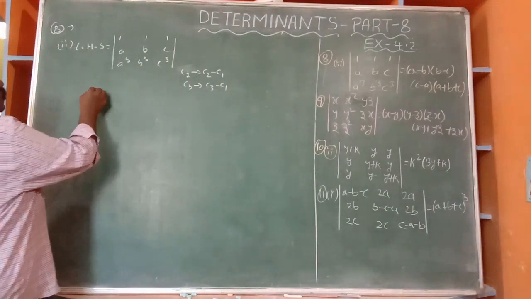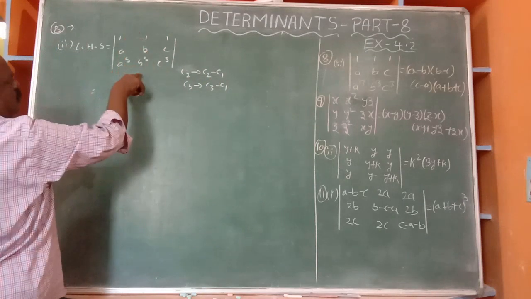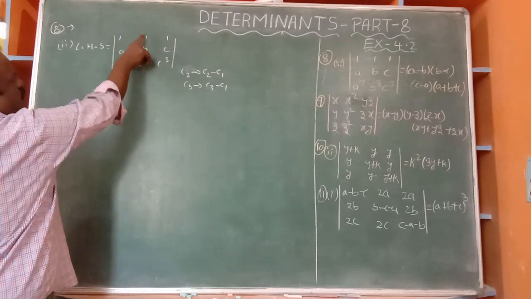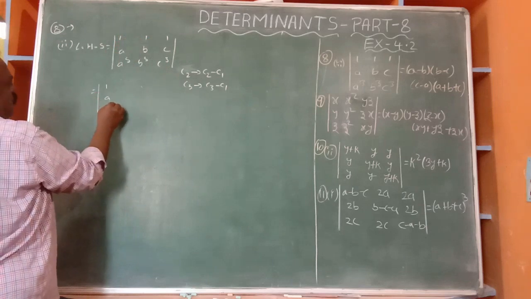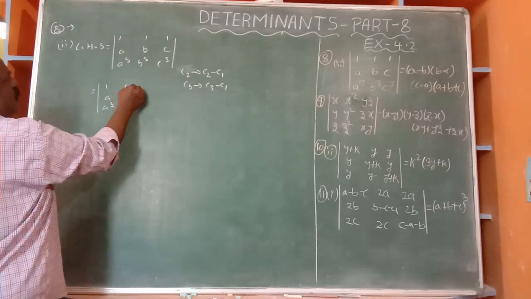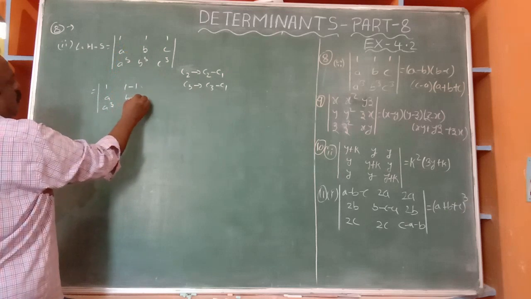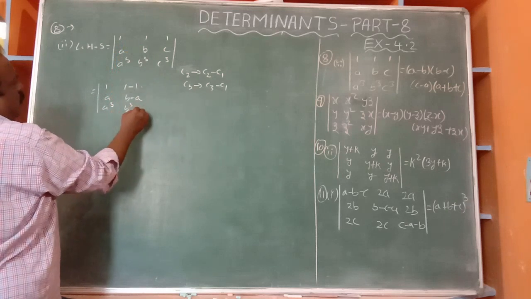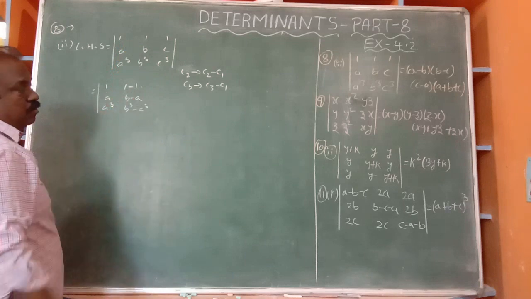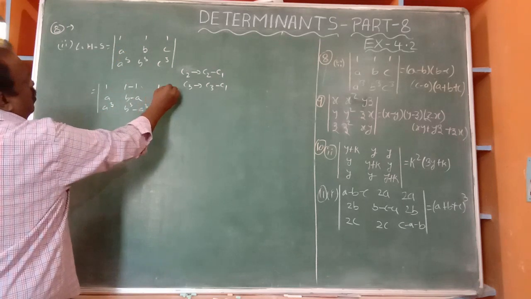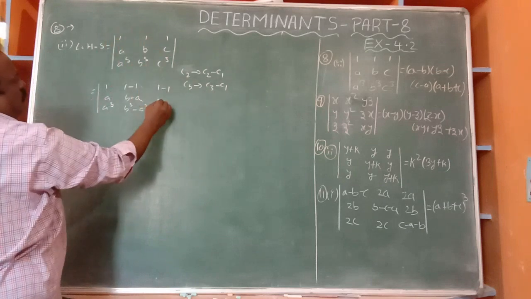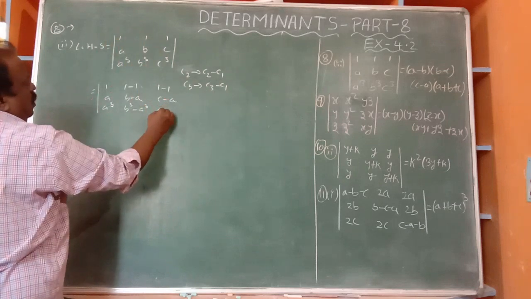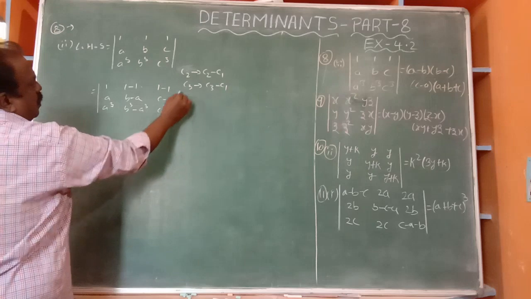Column 1 is as it is. Column 2 is 1 minus 1, B minus A, B cube minus A cube. Similarly column 3 minus column 1: 1 minus 1, C minus A, C cube minus A cube.